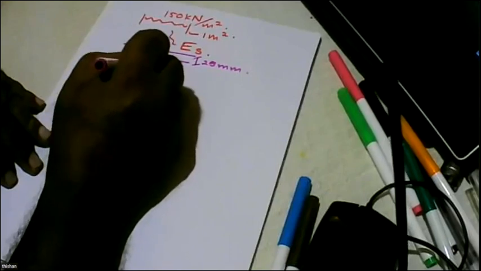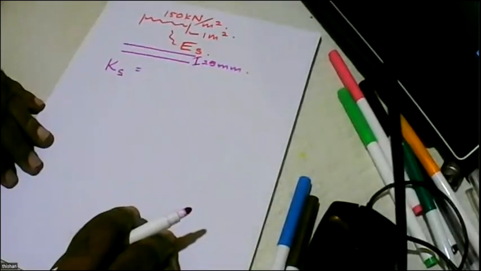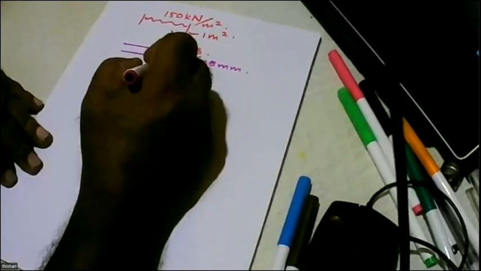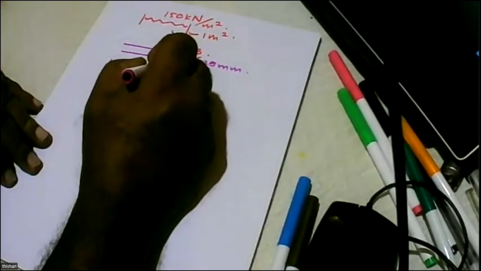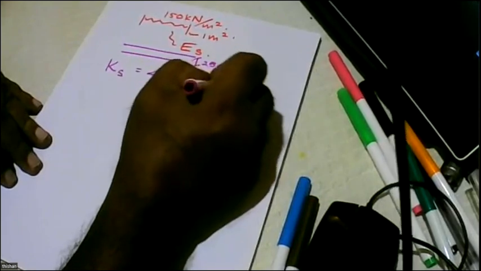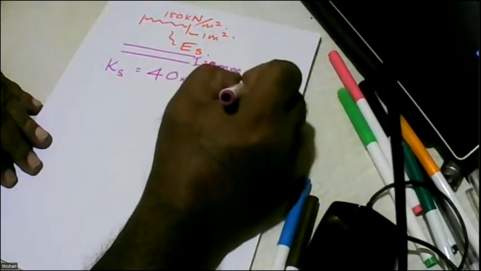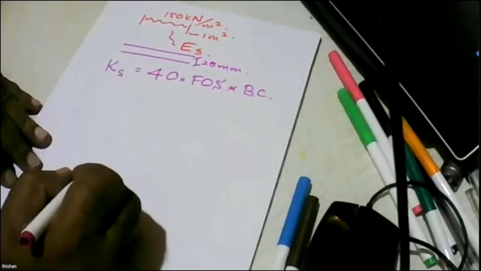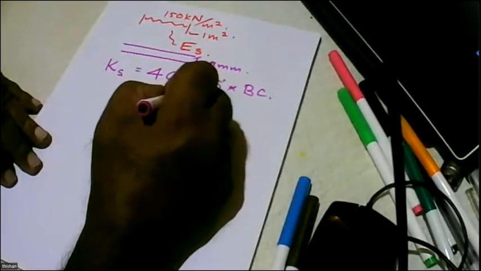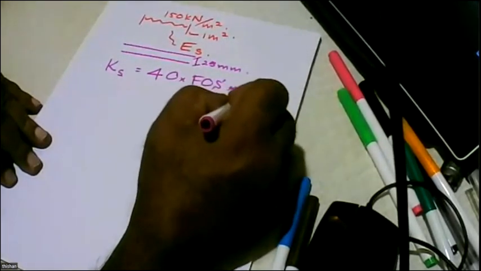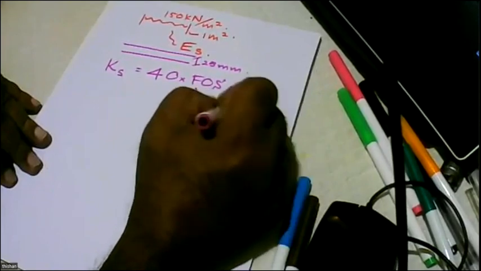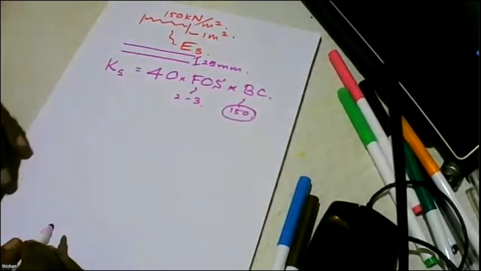So using this particular theory, in textbooks you can find the subgrade reaction of soil. They have given an empirical formula which says it's 40 times factor of safety multiplied by bearing capacity. So generally factor of safety can be 2 to 3, and bearing capacity is whatever the value that is given. In this particular case it is 150.